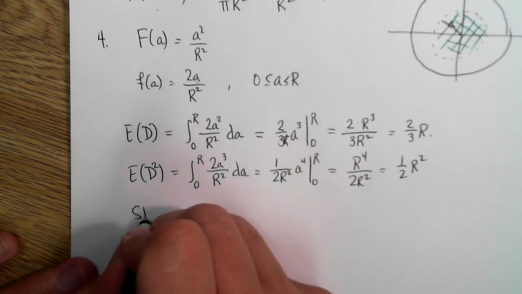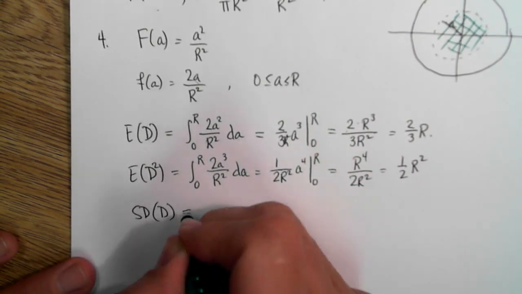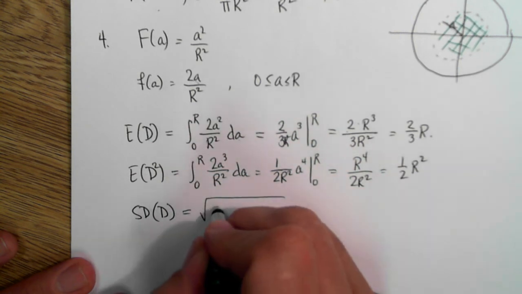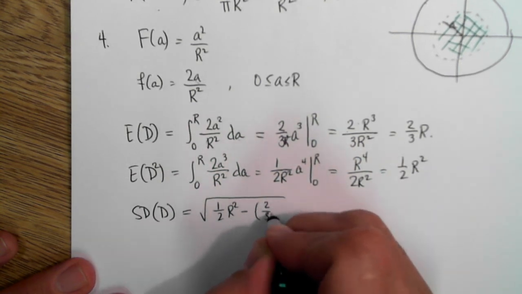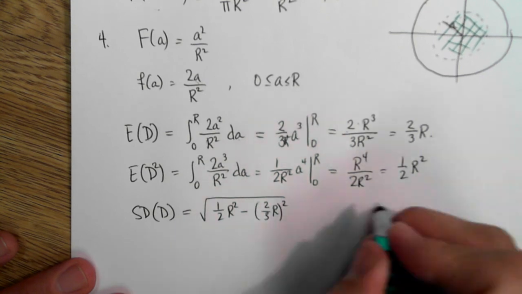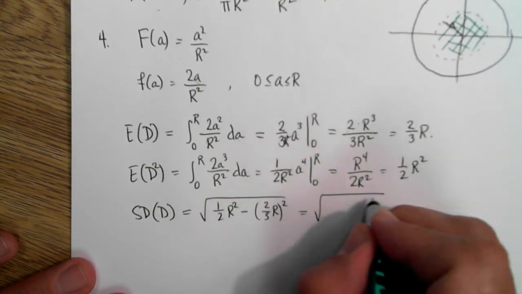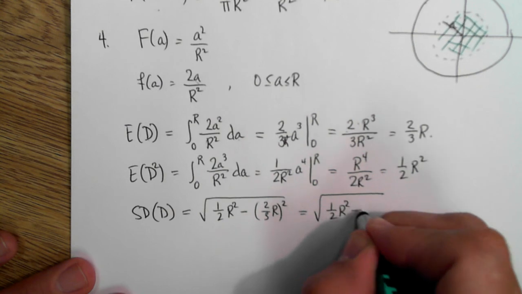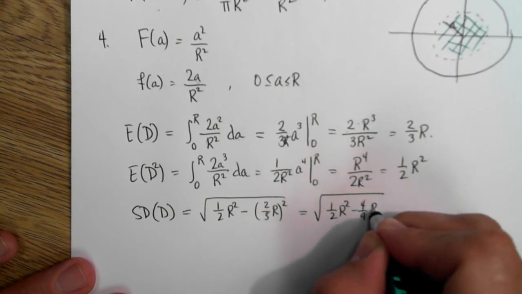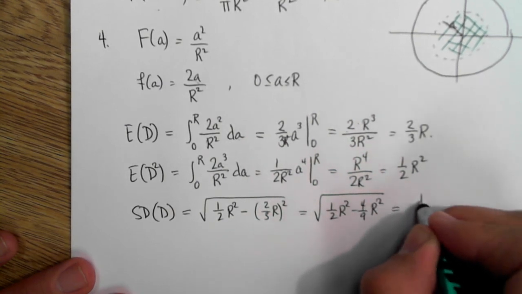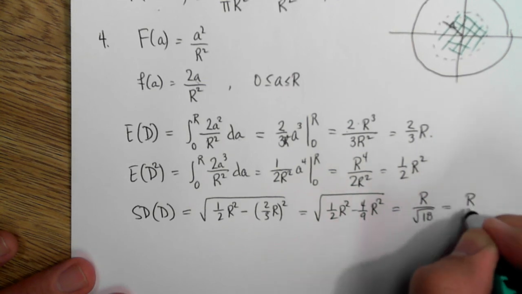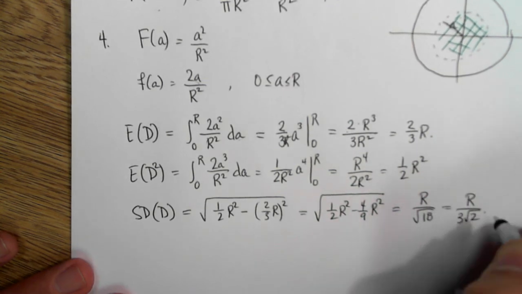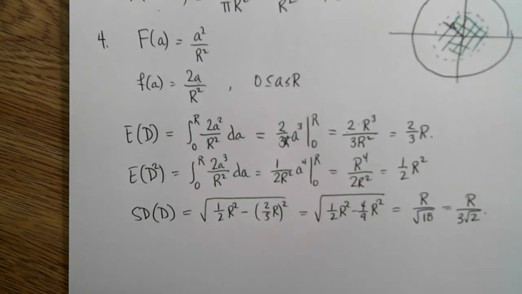And therefore the standard deviation of d is equal to the square root of 1/2 r squared minus 2/3 r, squared. So that's the square root of 1/2 r squared minus 4/9 r squared, which works out to be r over the square root of 18, or r times the square root of 2 over 6. Okay, so that's the standard deviation of d.